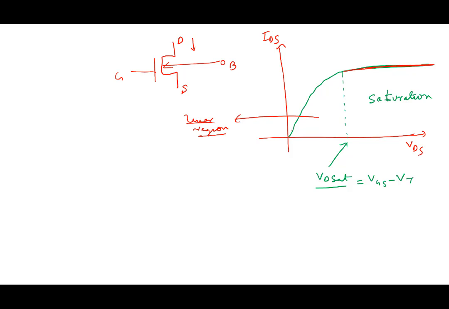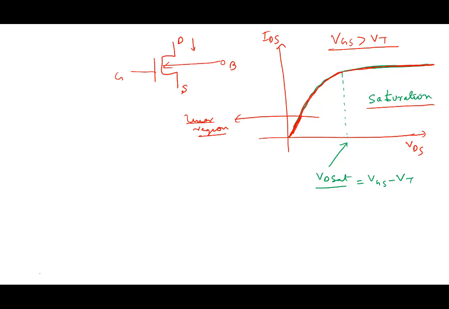Only the region near the start is linear. It starts off as linear, but then it starts to curve, bend, and eventually becomes constant. So this is called the linear region, and this is called the saturation region. All this is true when you apply a gate to source voltage which is larger than the threshold voltage. We have to create a channel first, and then the ID versus VDS goes like this.